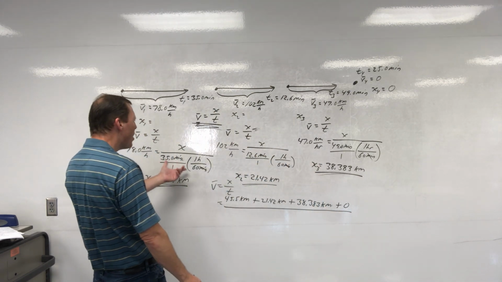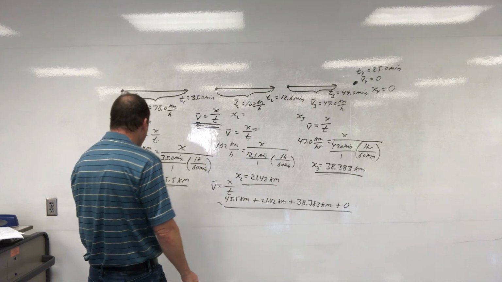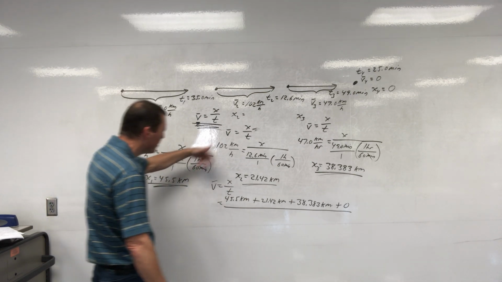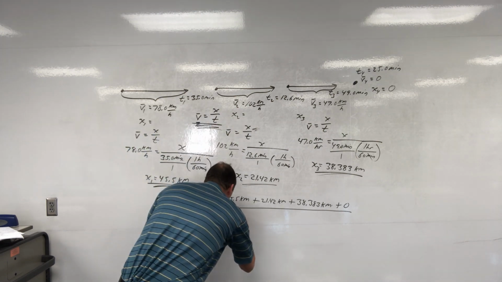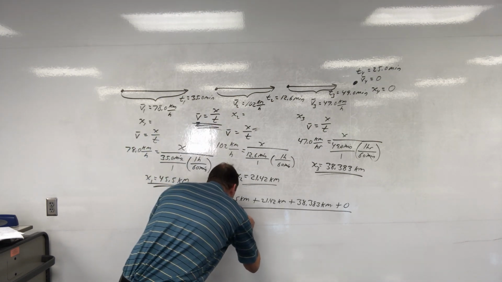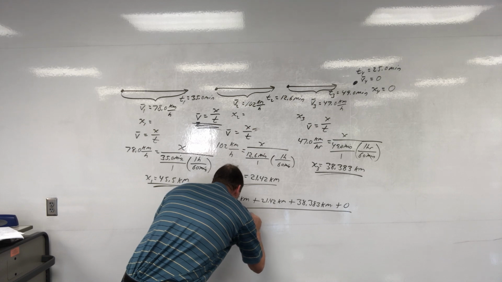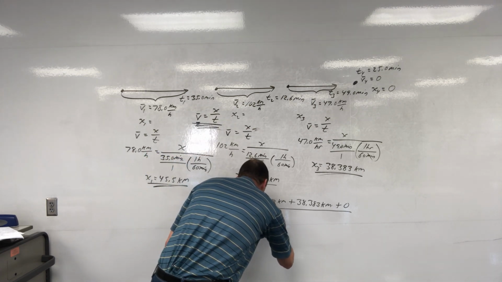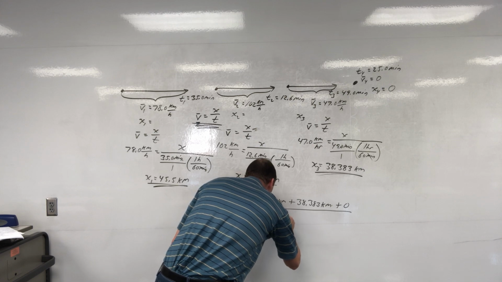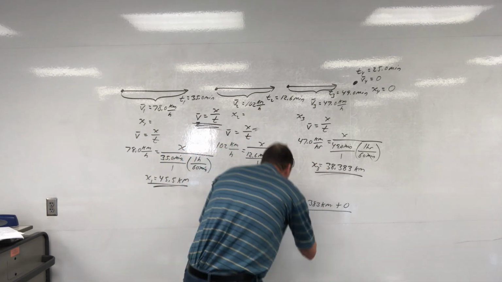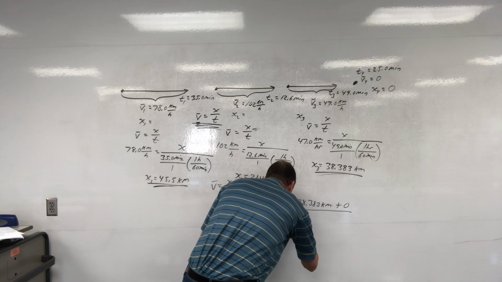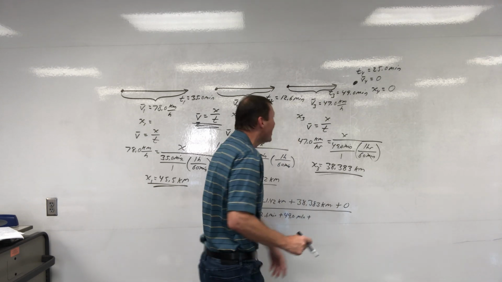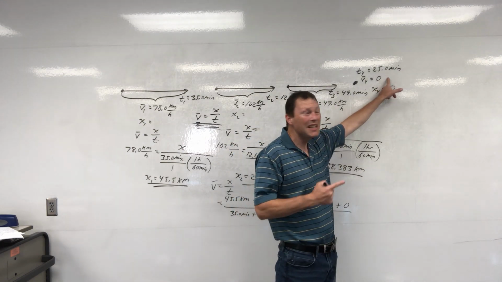So I want to add up all these times. 35.0 minutes plus 12.6 minutes plus 49.0 minutes plus, we do have a time here, so we need to include this.